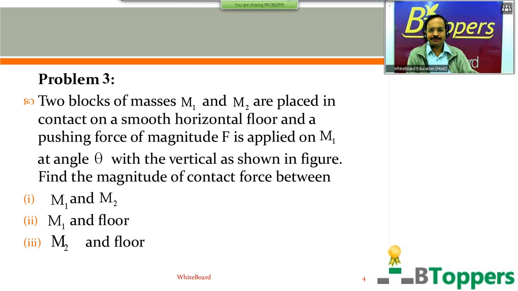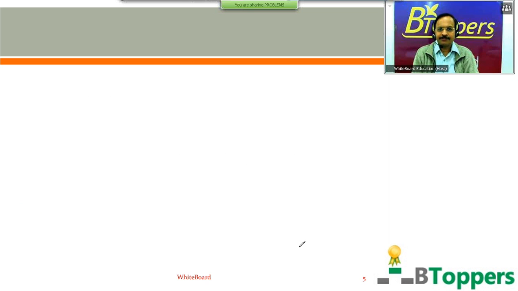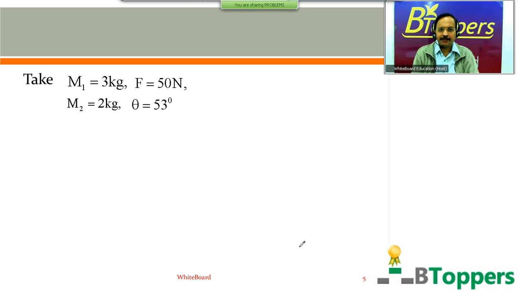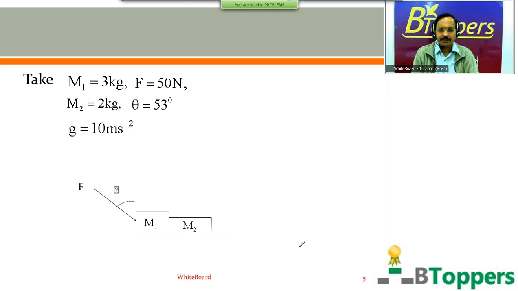Look at the diagram. So look at the information in the diagram. Take M1 equal to 3 kg, M2 equal to 2 kg, F equal to 15 Newton, theta equal to 53 degrees, g equal to 10 meter per second square. That's the diagram shown in the figure.